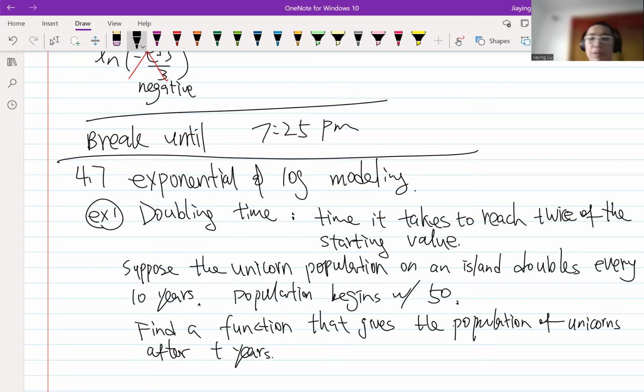So suppose we begin with 50 and the doubling time is 10 years, and we want a function that will give the population of unicorns after t years.